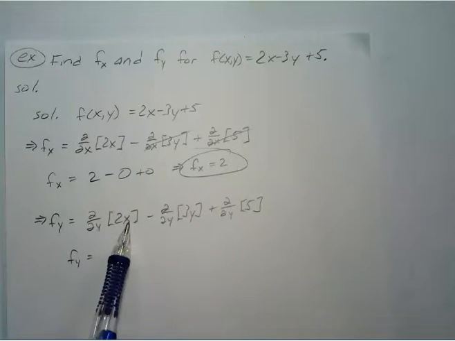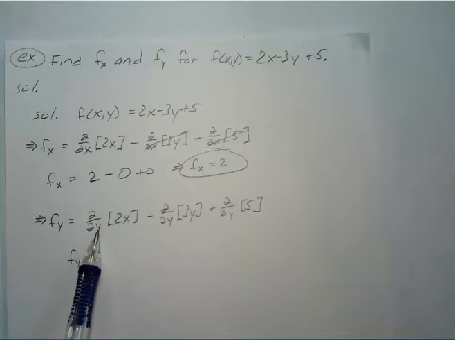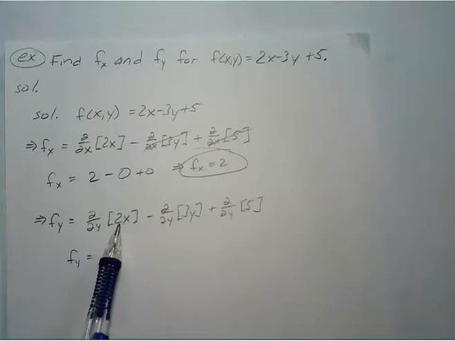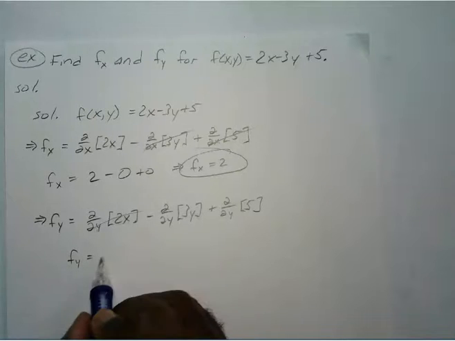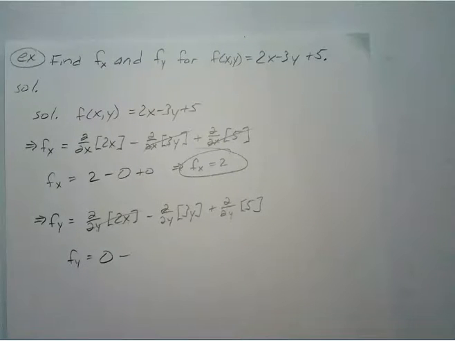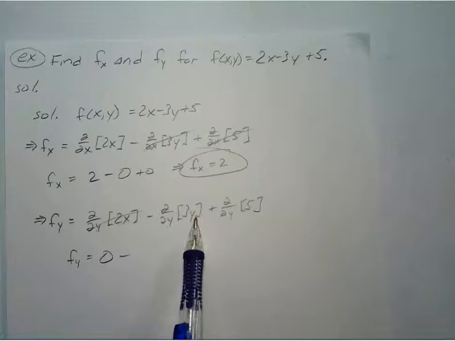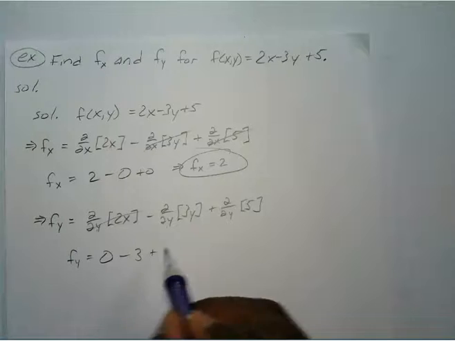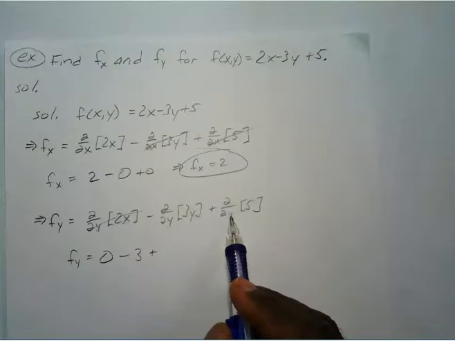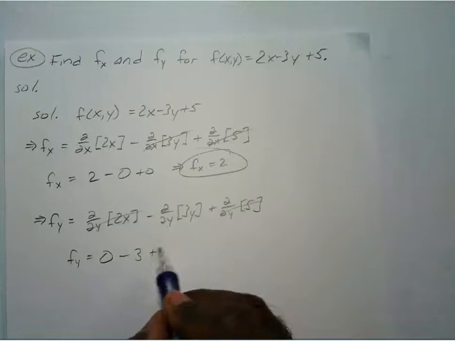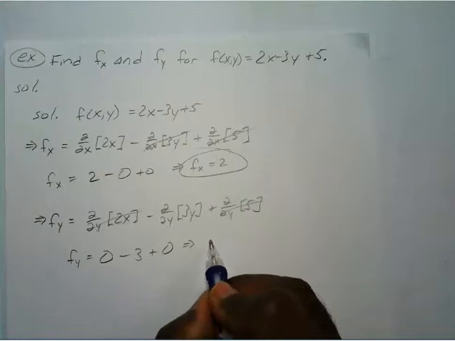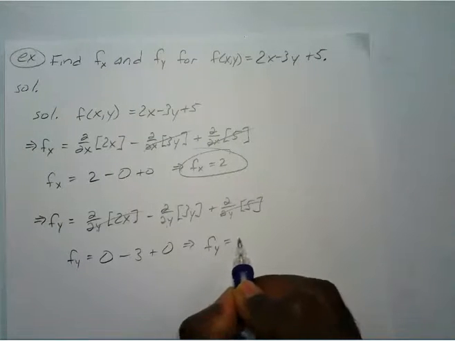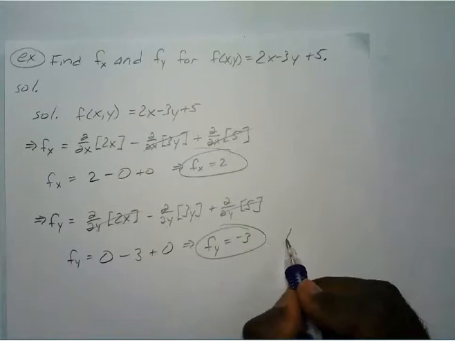So you have 2 times x, really that's just a constant times a constant with respect to y. So the derivative of a constant is just 0. Now the derivative with respect to y of 3y is just 3. Plus, the derivative with respect to anything of a constant is just 0. So our partial with respect to y is just equal to negative 3.